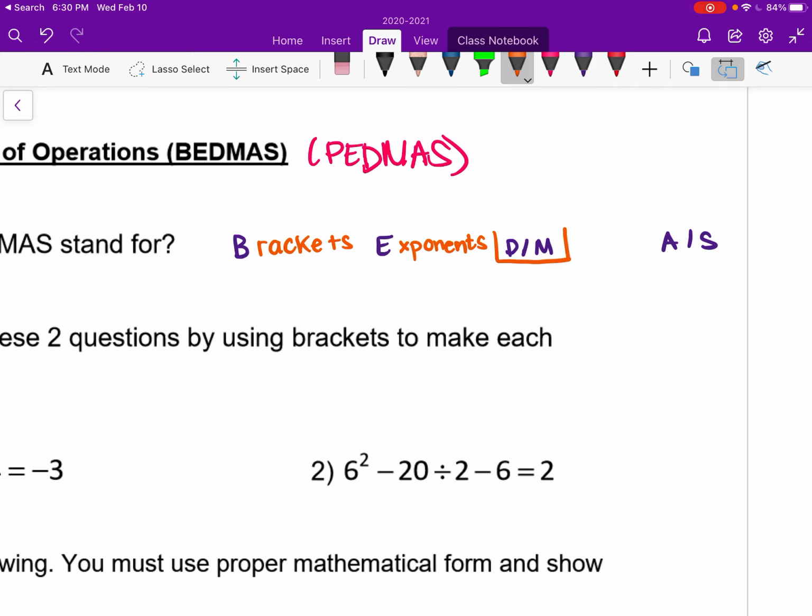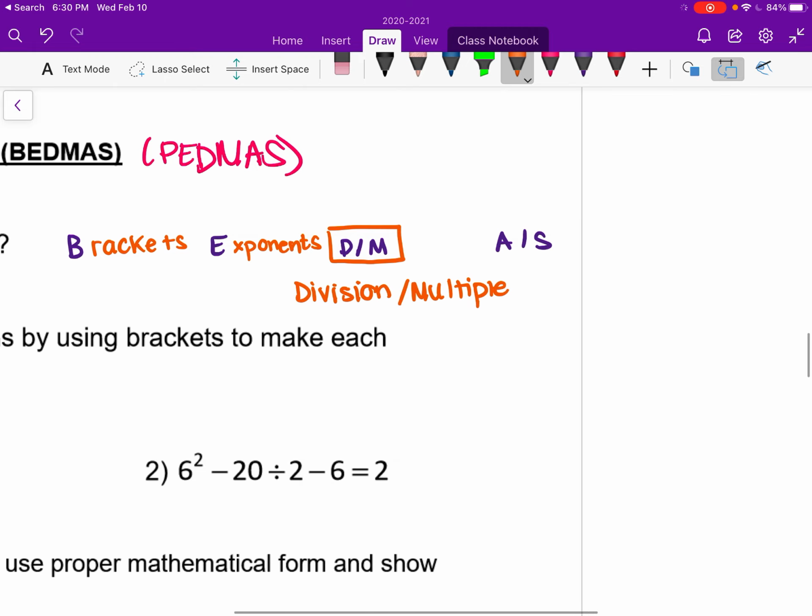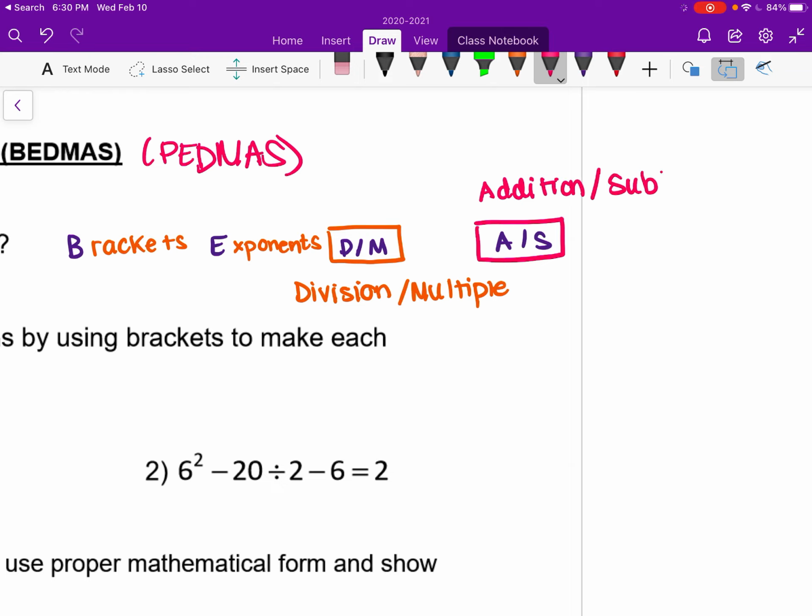Then here you have either division or multiplication, whichever one comes first. So if you divide before you multiply, you divide before you multiply. If there's multiplication before division, you do that. And then last but not least, here you have addition and subtraction, whichever one comes first. If you subtract first, you subtract. If addition comes first, you add.